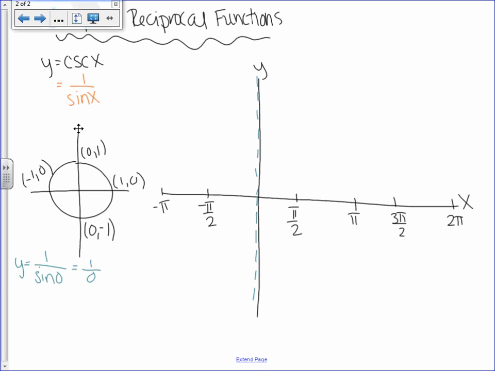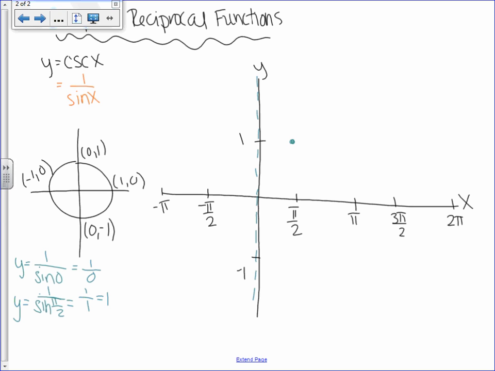It's a little hard to see because it's on the y-axis, but it is an asymptote. Okay. Now let's check pi over 2. The cosecant of pi over 2 is 1 over the sine of pi over 2. The sine of pi over 2 is 1, and 1 over 1 is just 1. So over here at pi over 2, I am up here at 1.